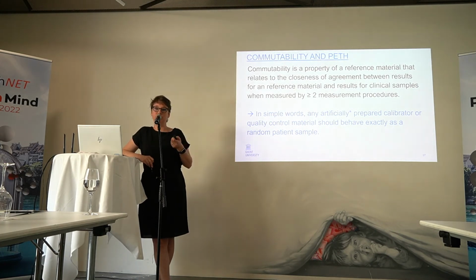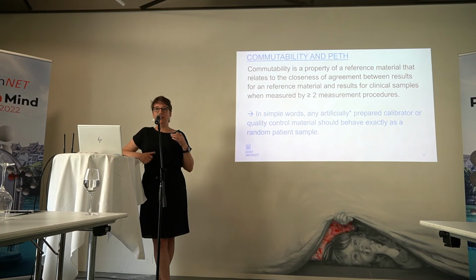And with reference material here, I mean calibration standards in matrix, QC materials, EQA materials. And in simple words, usually these are artificially prepared because we need lots of them. An artificially prepared calibrator or quality control material should behave exactly the same as any random patient sample.